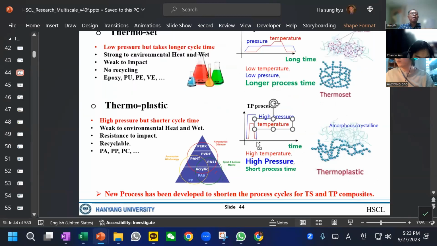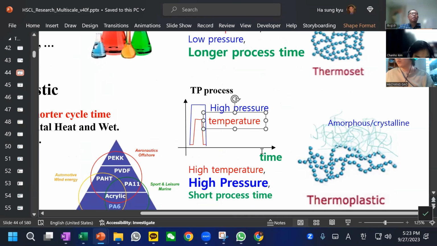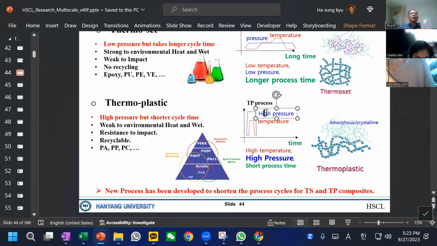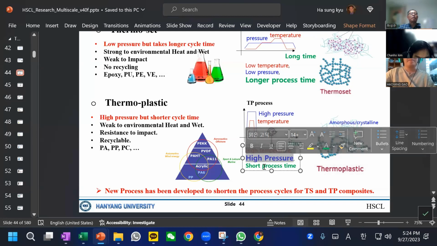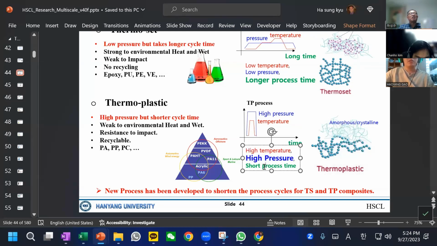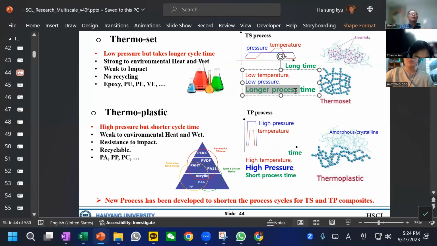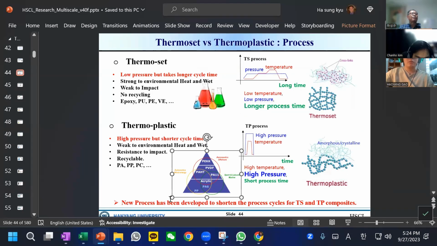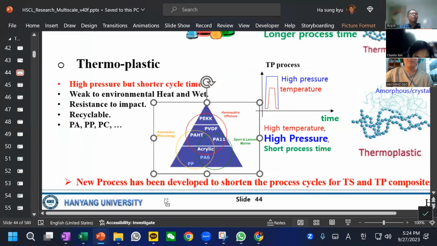So we need very high temperature, very high pressure, and a very short time. The most important characteristics are the temperature and pressure; time can be very short. But with thermoset, you have to wait until the whole chemical process completes. So this is a brief description of the characteristics of thermoset and thermoplastic.